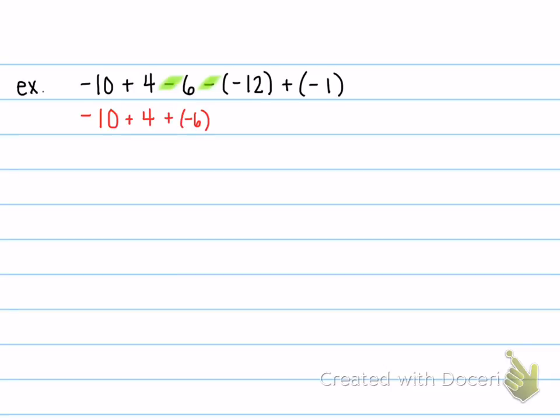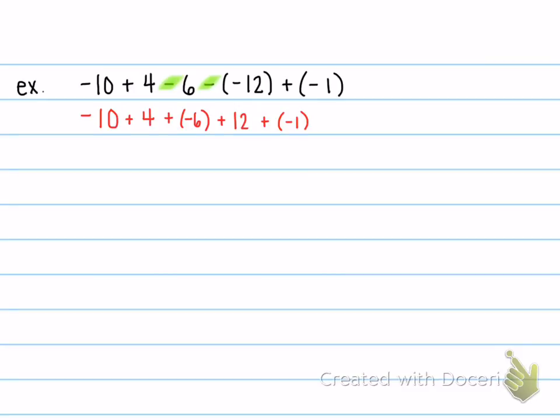Minus negative 12, now that's a minus, so it becomes a plus, and negative 12 becomes positive 12. And then plus here is already plus. People are so tempted to make that negative 1 a positive 1, but we don't do it. It stays a negative 1 because it already was plus.